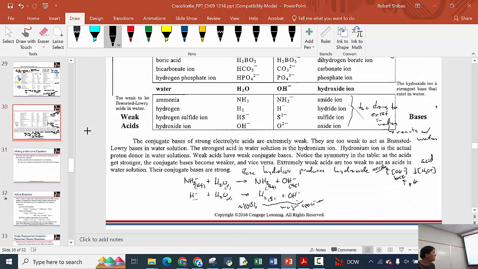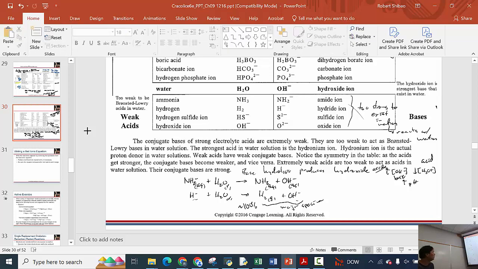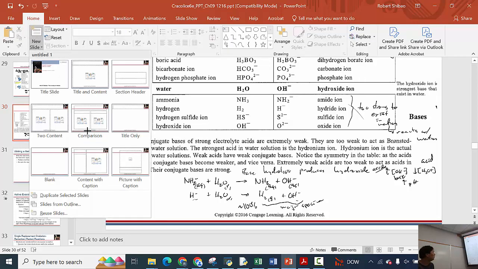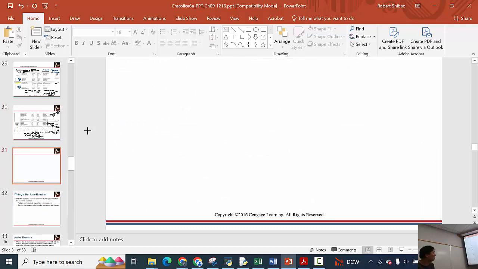Weak acids and weak bases are less reactive and more stable.